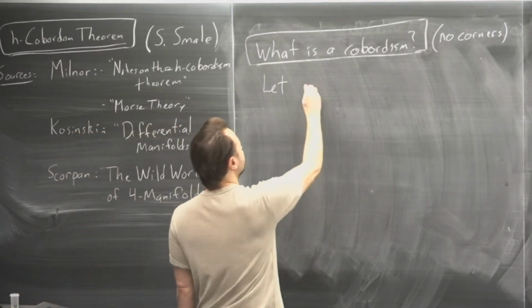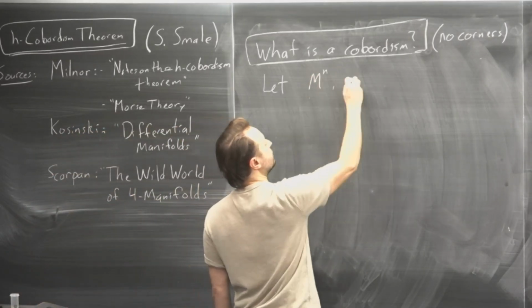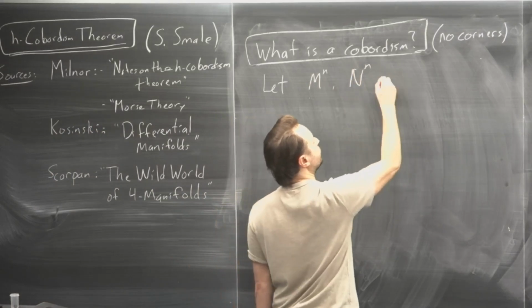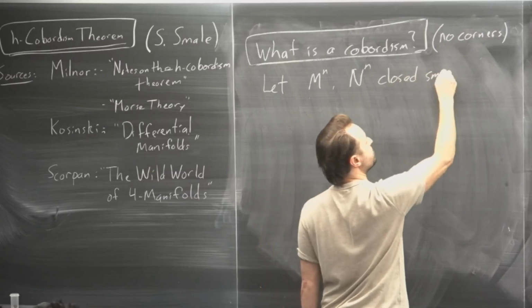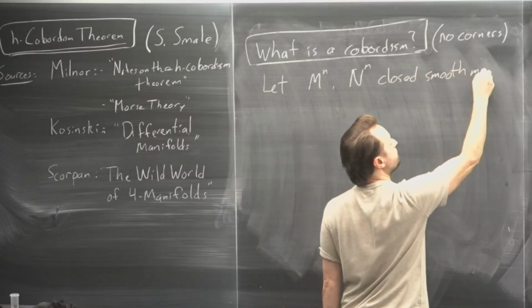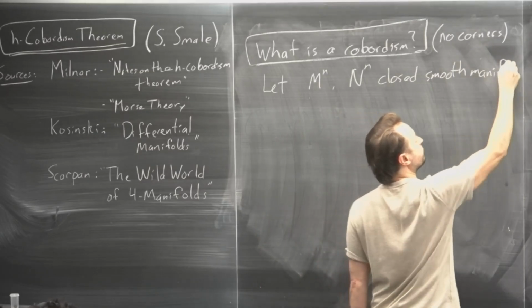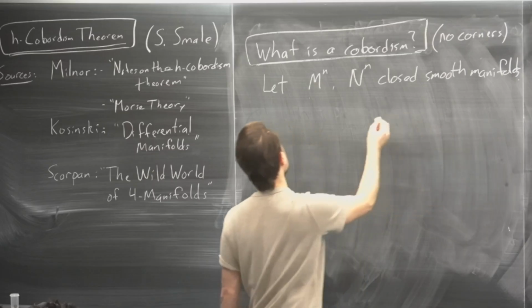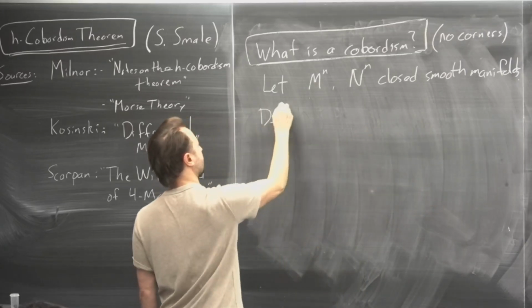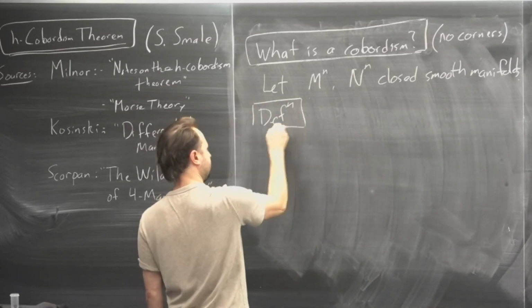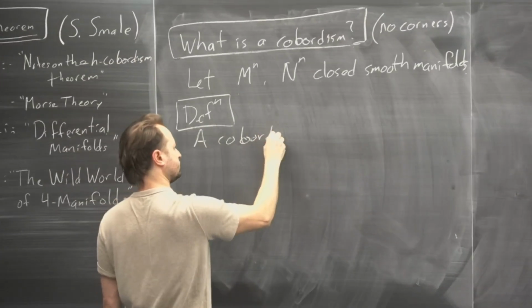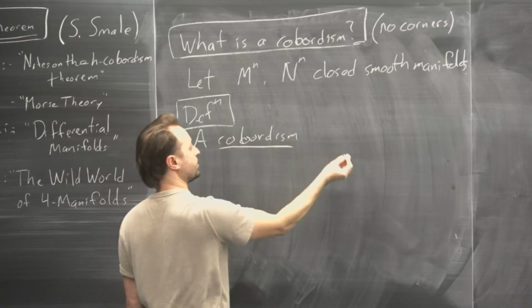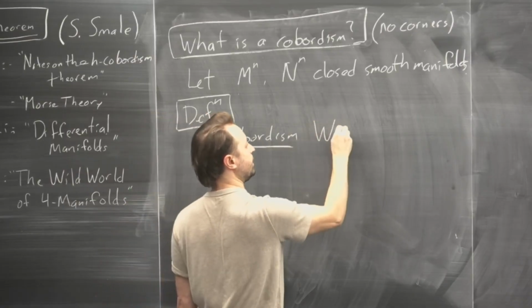So let's start with two closed, so compact without boundary, smooth manifolds. So h-cobordism, I'm going to denote it with a W and then colon.